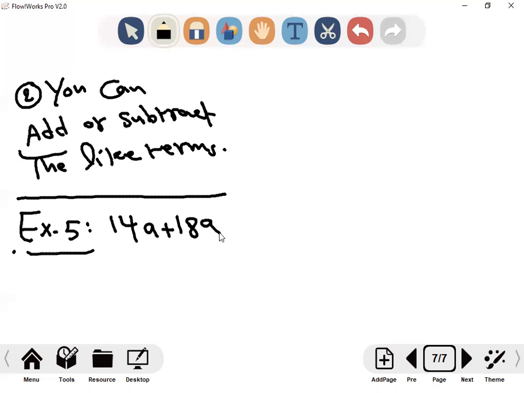You say 12 riyals. 5a plus 7a is 12a. The a comes down, not a power 2, and it's not multiplication. So here we add the coefficients only. This is equal to 14 plus 18, 32.